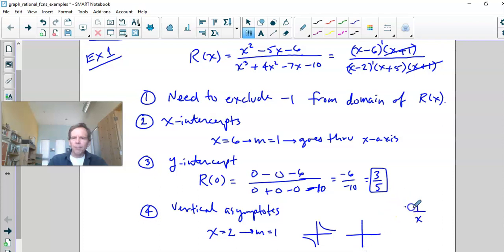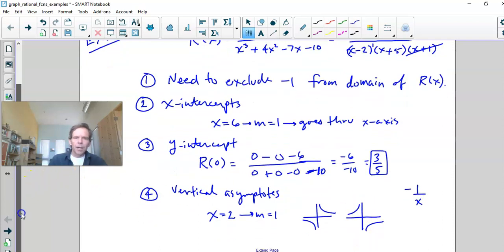It could be a -1 over x behavior, which would look like this. Now we don't care which one it is. We'll figure it out later. Okay. And then the other vertical asymptote is going to occur at -5. You see that? And its multiplicity again is 1. So we get the same kind of behavior.